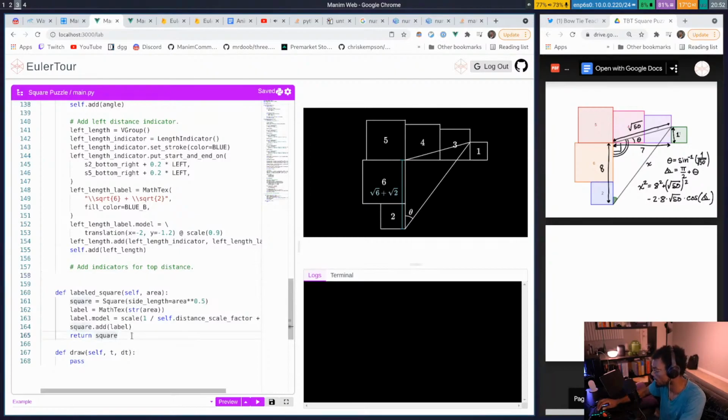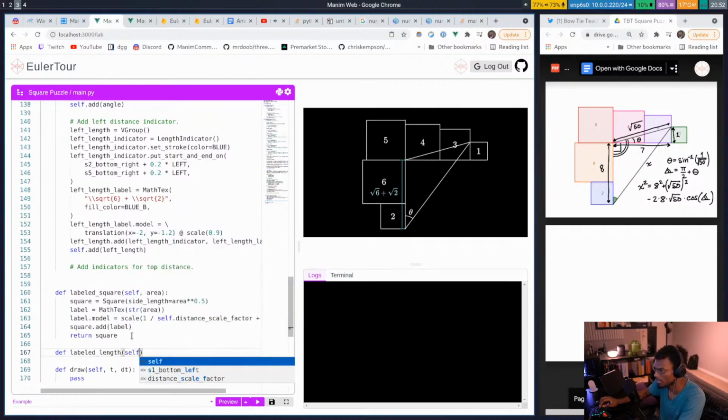So for example, solve on the start, the end, the label location. Should it be the label offset? Probably just a label location.